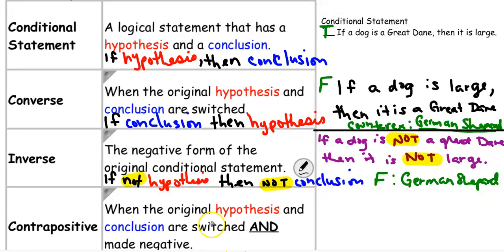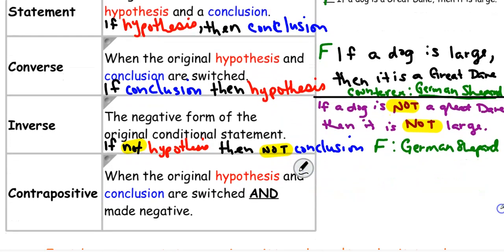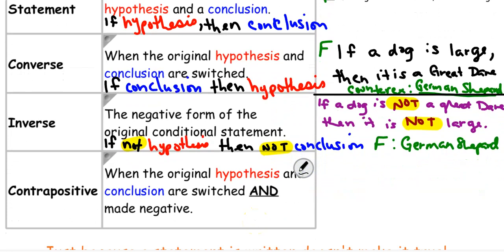So then if we do the last one, the contrapositive switches up everything. So the contrapositive says when the original hypothesis and conclusion are switched and made negative. So we're going to have if not, then not. So we've got the nots in there, but we're actually going to have conclusion first in this one. So everything gets changed in this.